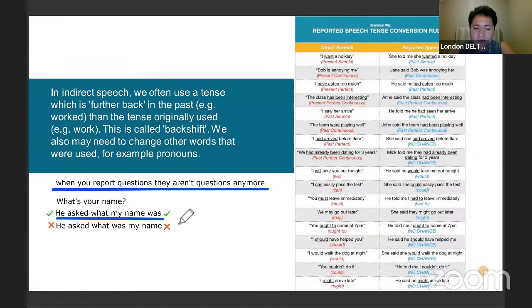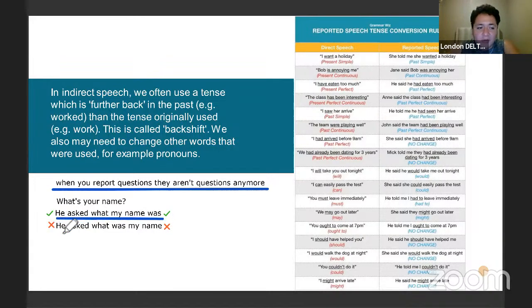Bueno, hablando de la forma de la oración, right? Si yo digo, él me preguntó cuál era mi nombre, eso precisamente que acabo de decir no es una pregunta, es una afirmación, right? So that's why you say, he asked what my name was, porque aquí ya no hay necesidad de poner la oración en forma de pregunta.